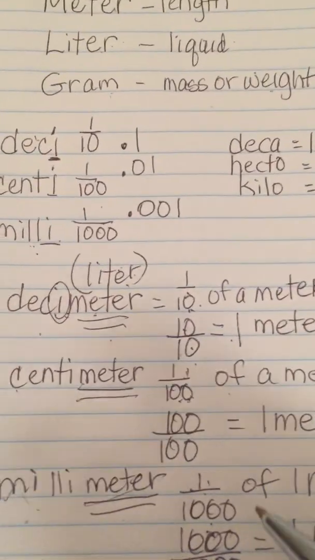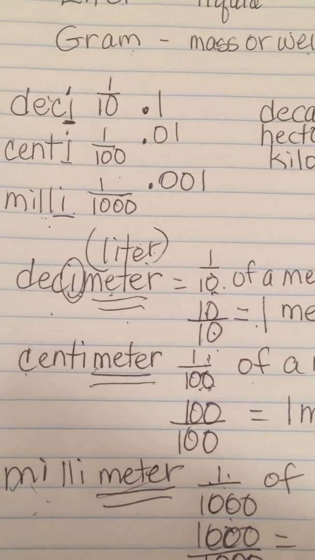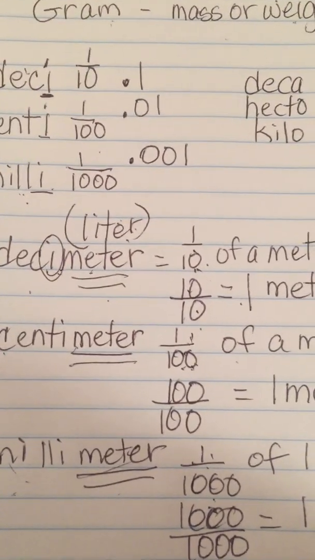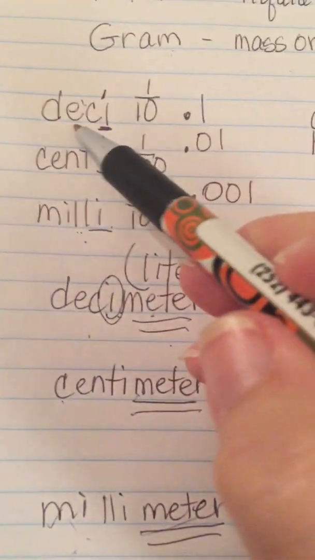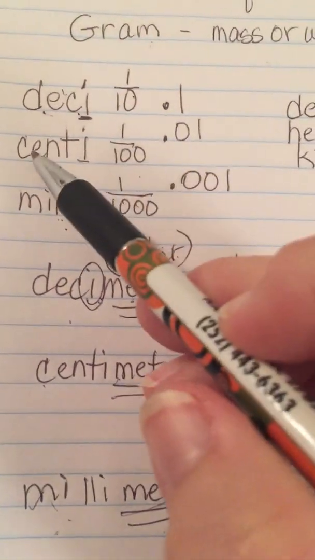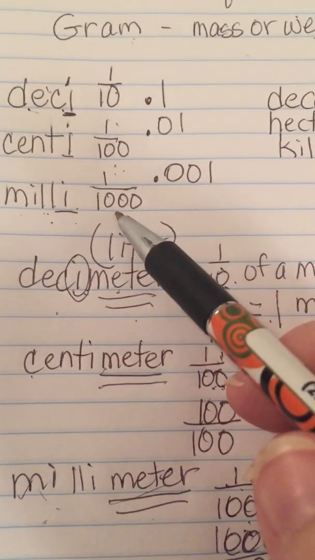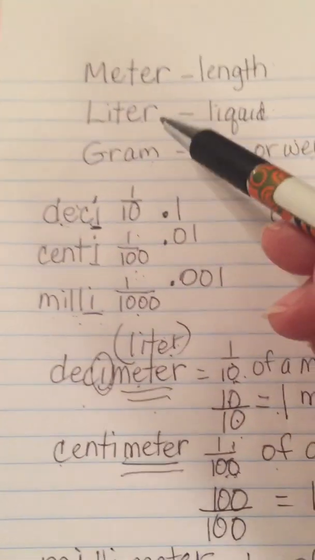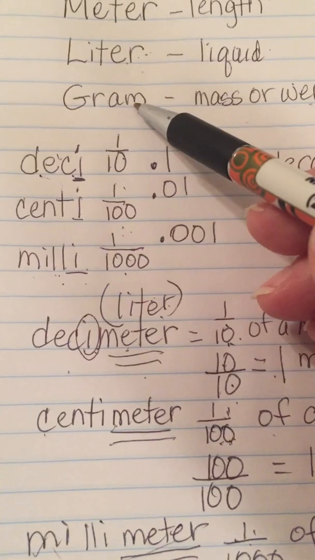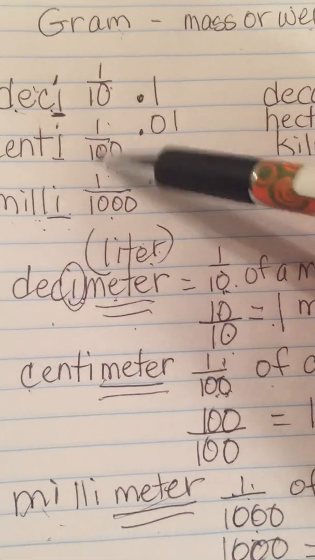It's not hard if you learn the prefixes, but you have to learn the prefixes. Okay? Deci is 1/10, centi is 1/100th, and milli is 1/1,000th. It doesn't matter if it's a meter, a liter, or a gram. The measurement stays the same.